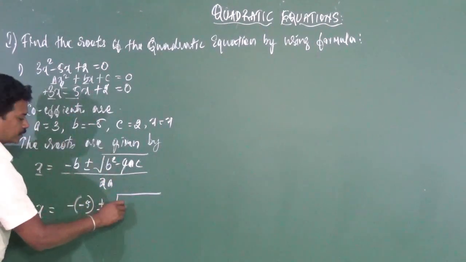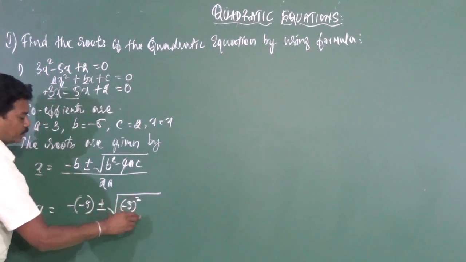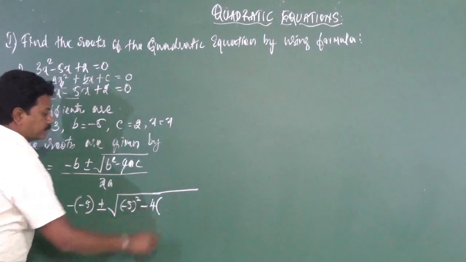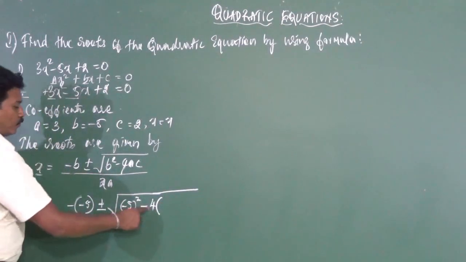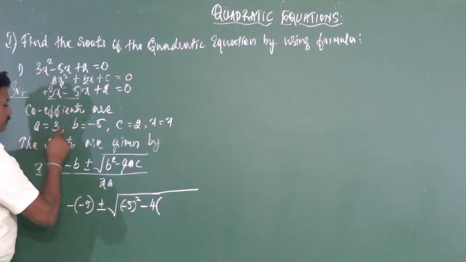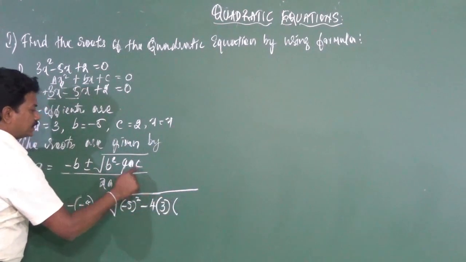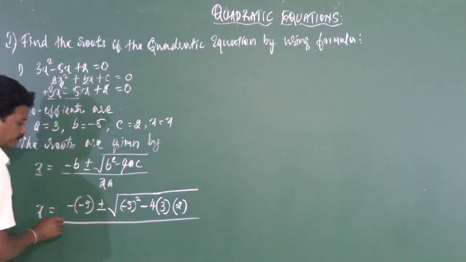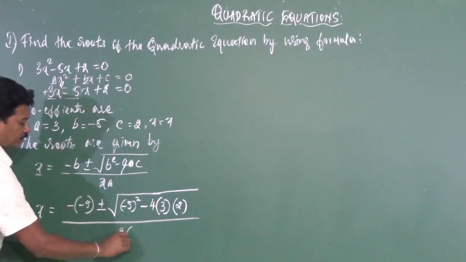B value is minus 5, so it is minus 5 whole square minus 4 into open brackets. 4 into a is 3, very good, into c is 2. Okay, 2 by 2 into a, that is 2 into 3.